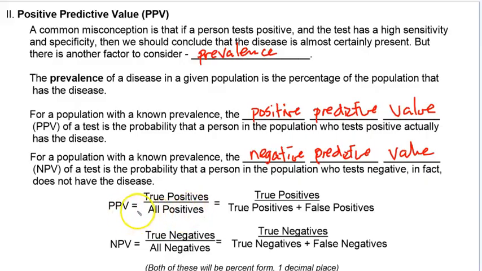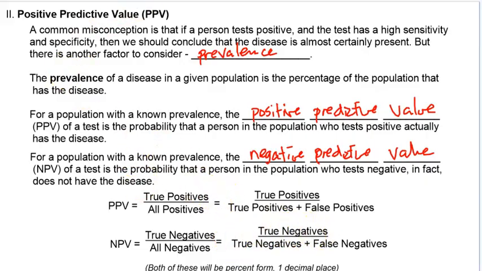Before, when we did sensitivity, we did true positives over all people who had the disease. So it's a slightly different calculation, and I'm going to show you on the next slide something that will help you keep all four of these calculations straight. I think it's a nice way to remember each of them. And then negative predictive value is the true negatives divided by all negatives.